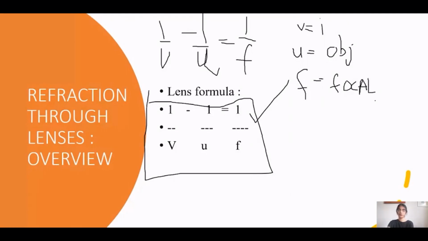This is a very, very important formula. I urge you to remember this formula at all times. So this is all for refraction through lenses.